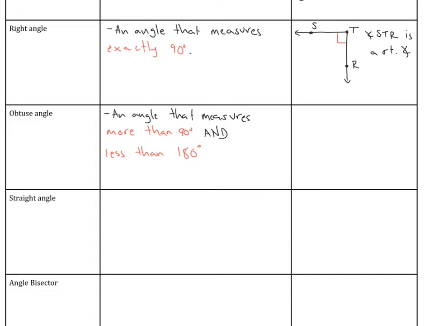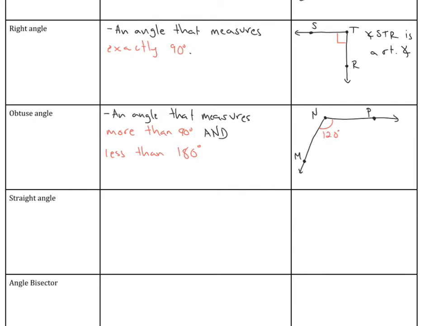So what that looks like is something like this. I can go ahead and create my vertex first. Here's a ray. Here's another ray. Let's go ahead and call this angle MNP. And the measure of this angle is going to be 120 degrees.